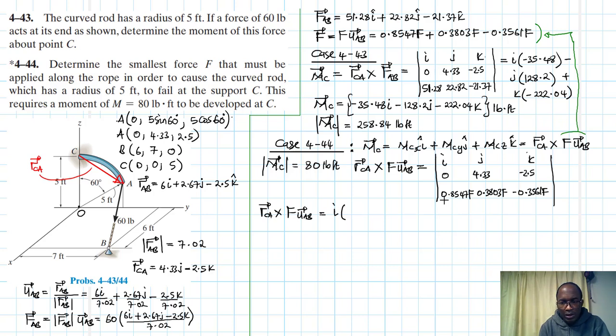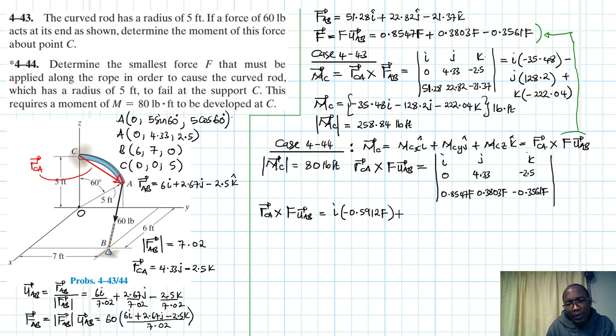We are multiplying minus 0.3561 times 4.33. Okay, and then minus 2.5 times 0.3803. Okay, so we have a minus 0.5912F.